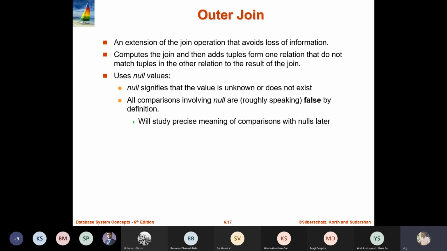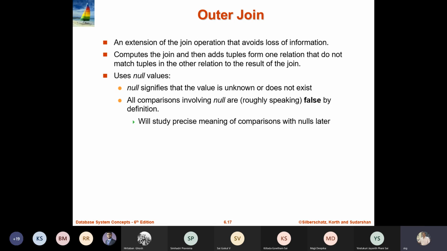So there is a concept of outer join. It computes the join and then adds tuples from one relation that do not match the tuples in the other relation in the result of the join. If we recollect a couple of slides back, it is R dot A1 equal to S dot A1, R dot A2 equal to S dot A2, and so on.